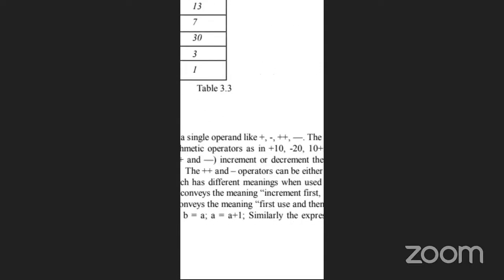Okay. For example, if I want to give an expression, I will show some examples of increments. For example, int A equal to 10. Here we declare and initialize variable A to 10, and declare another variable B. A plus plus: the current value is 10.